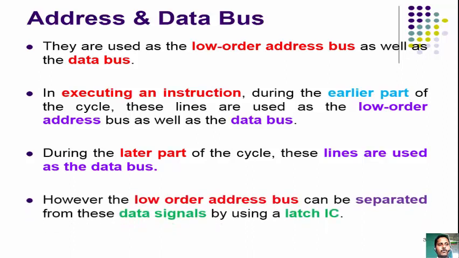However, the low order address bus can be separated from the data signal by using a latch kind of IC. Using a latch IC with the ALE pin, address latch enable pin of 8085, the AD0 to AD7 lines can be separated.